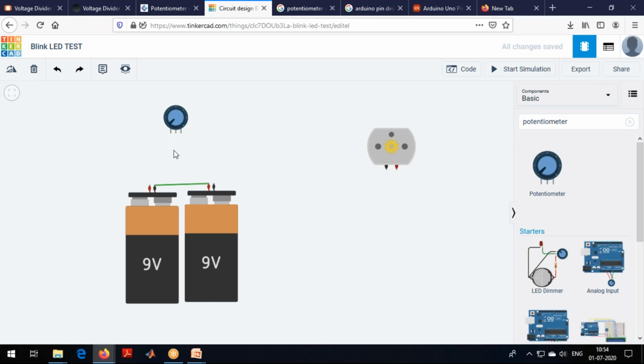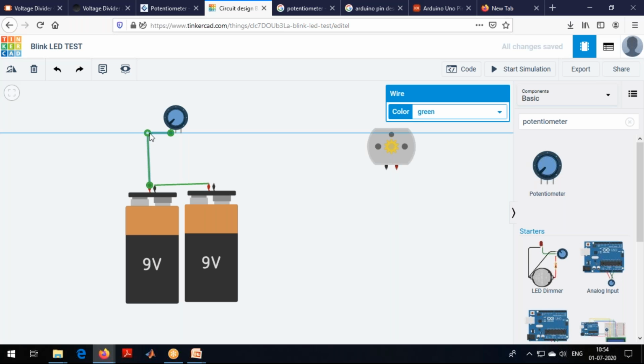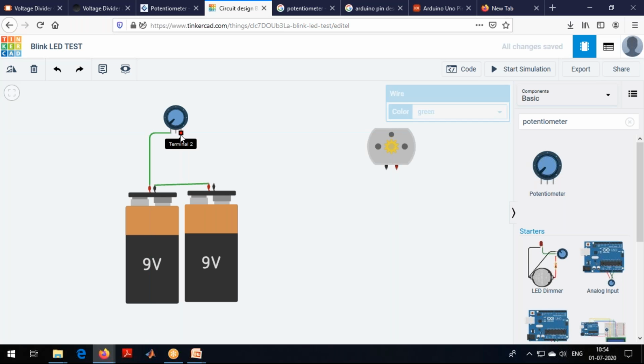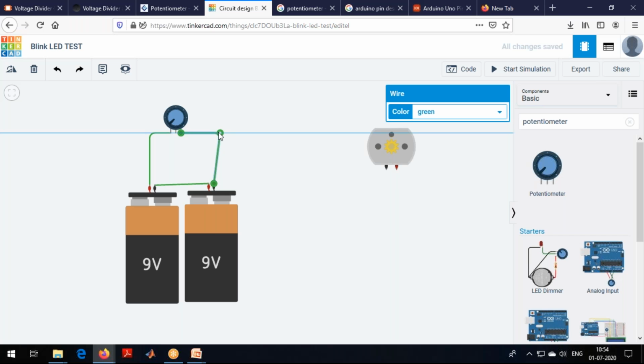As soon as I move towards this, it says terminal 1, which I'll connect to this end. The last terminal, I'll connect here. Don't get confused here.